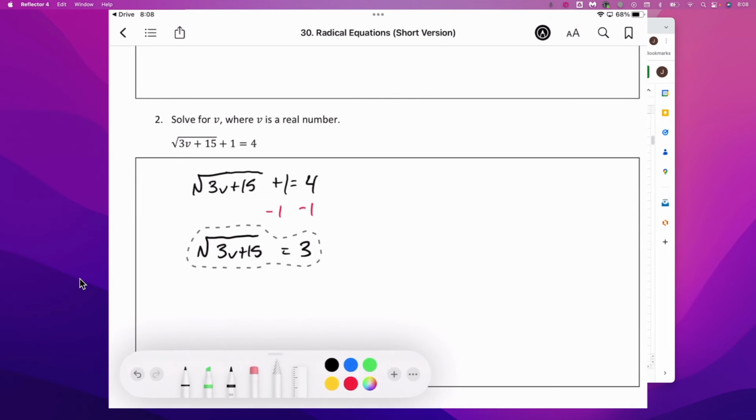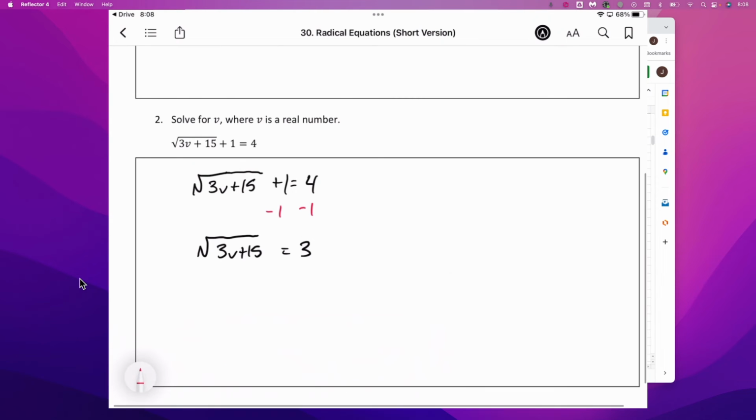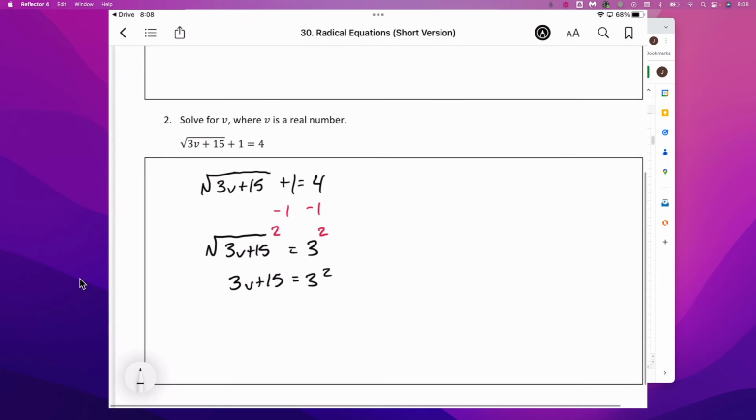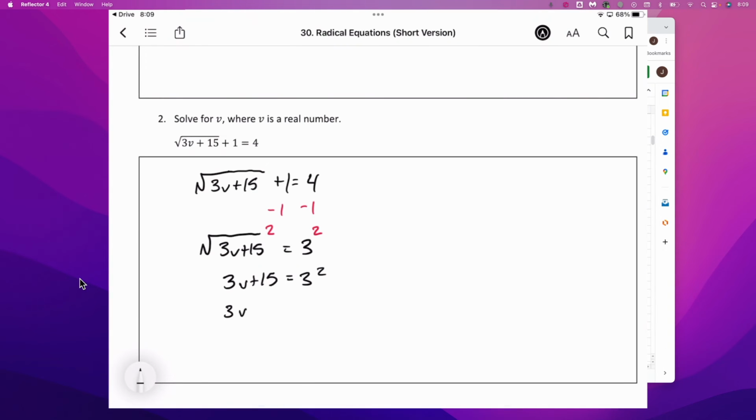All right. So at this point now we can see that we have the square root of 3v plus 15 is equal to 3. We do need to square both sides in order to get rid of that square root symbol. And so that's going to leave us with 3v plus 15 is equal to 3 squared. So we'll simplify the 3 squared and make that 9.